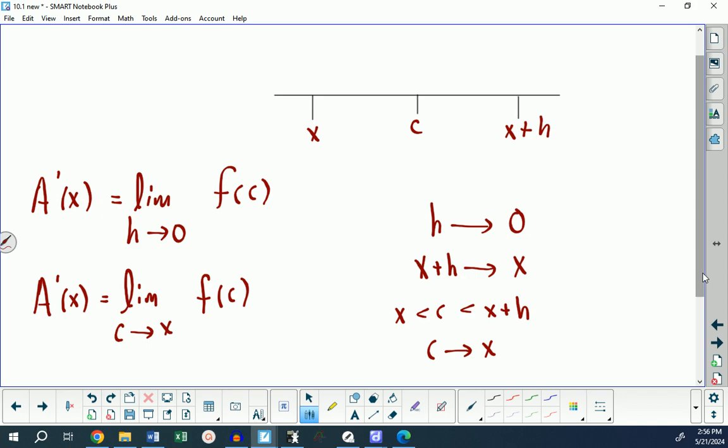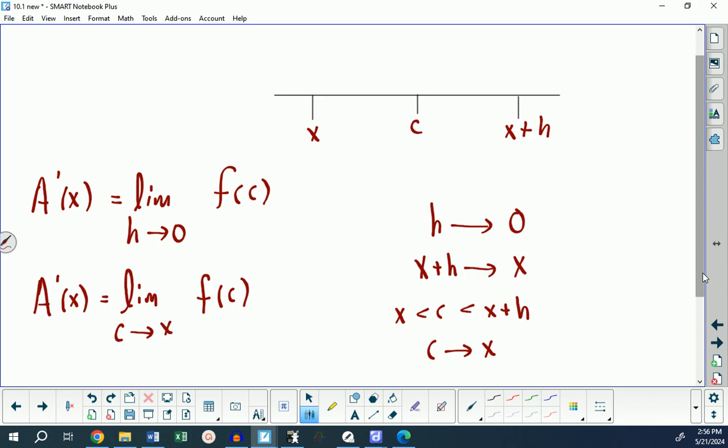Now let's think about this for a second, and I think I'm just going to write this on the sideboard. If I have a limit as h approaches something, and it's a limit of 1 over 3 plus h, you replace h with that something.